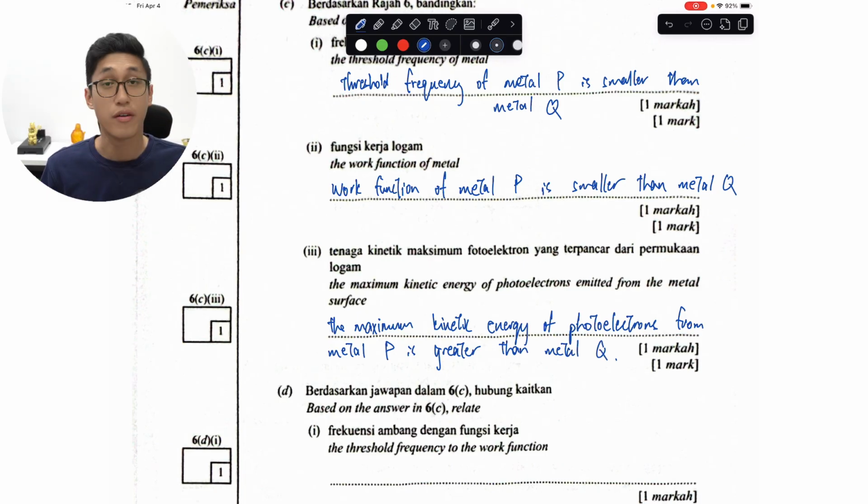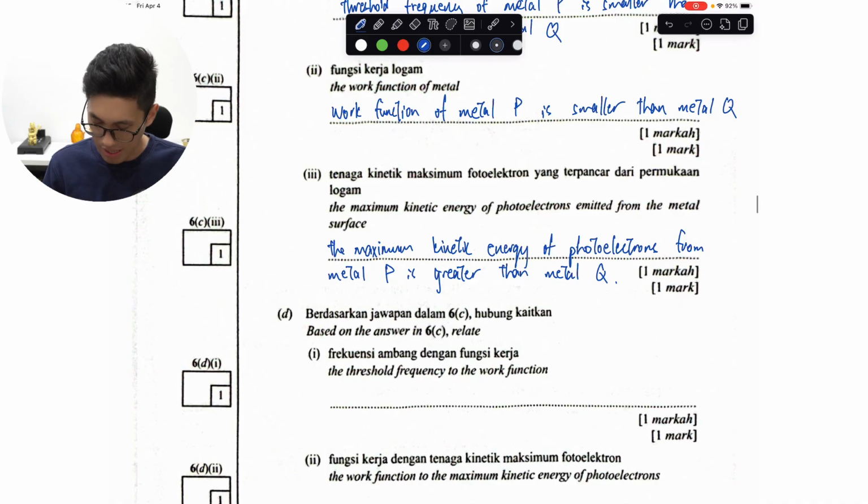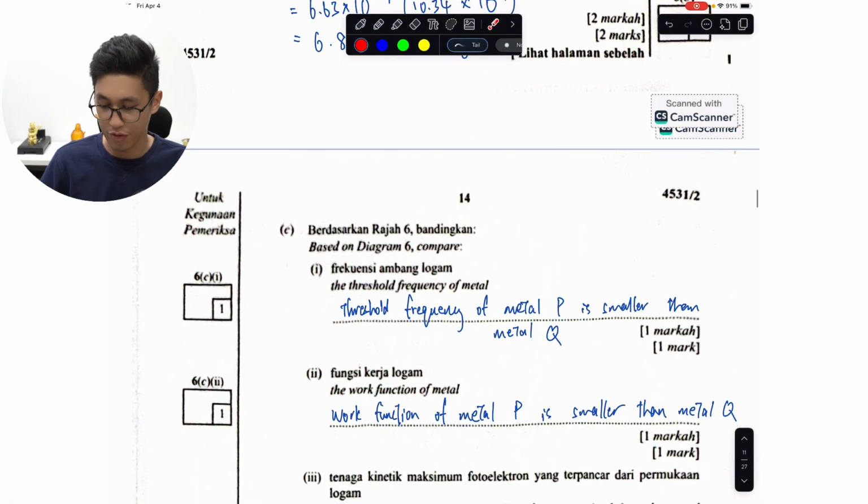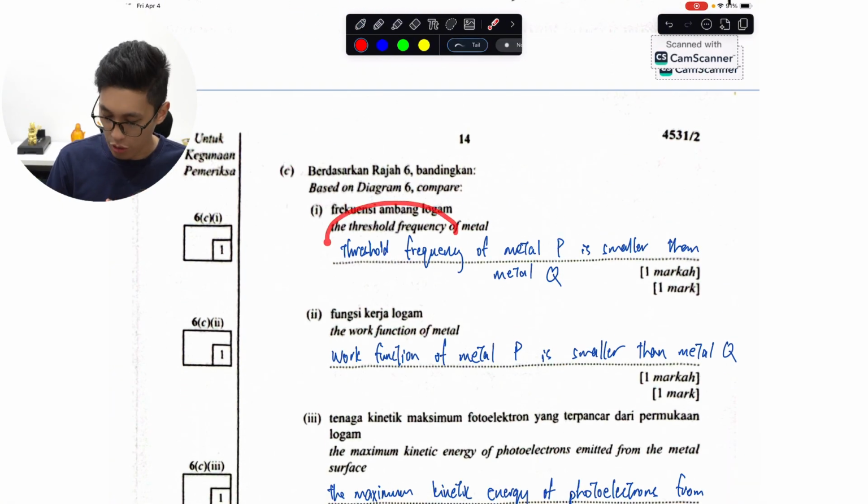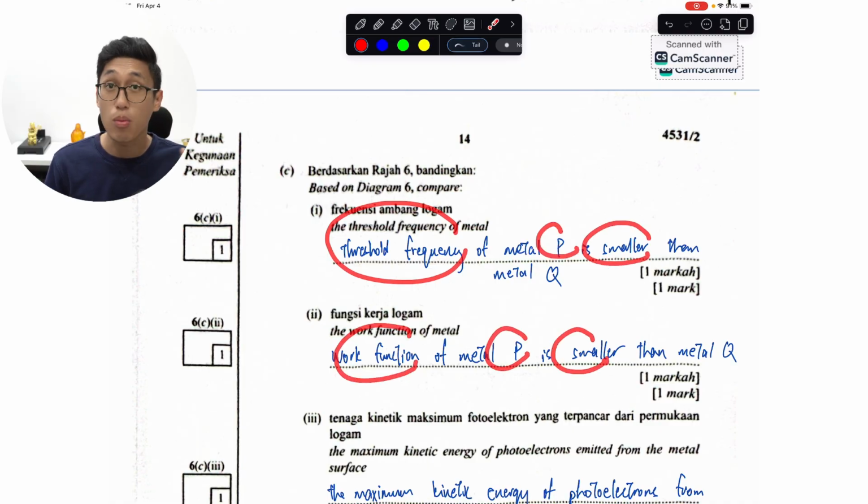Of course, after we do any comparison question, we must always do a relate question. So based on the answer in 6C, relate the threshold frequency to the work function. You just have to look at your answer just now. Threshold frequency for P is smaller, work function of P is smaller. So we can say the smaller the threshold frequency, the smaller the work function. Or you could also say it the other way around.